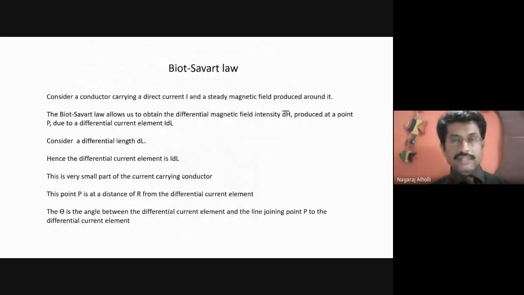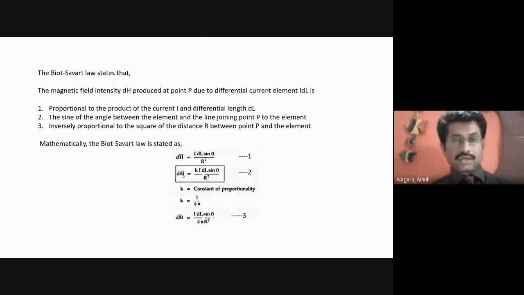So here we have gone through the definition of Biot-Savart law. What is Biot-Savart law? Why is it used? The application of Biot-Savart law. We considered a differential element, a small portion of the conductor, and defined the Biot-Savart law statement.